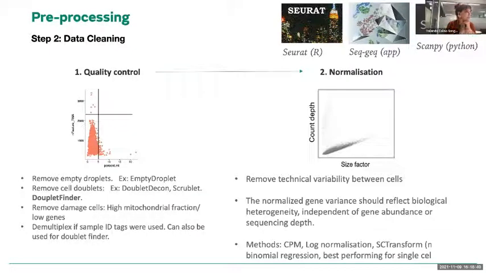So once we have cleaned up our data, and we don't have doublets, damaged cells or empty droplets, then we can normalize the data. The goal of normalizing the data is to remove technical variability between cells.